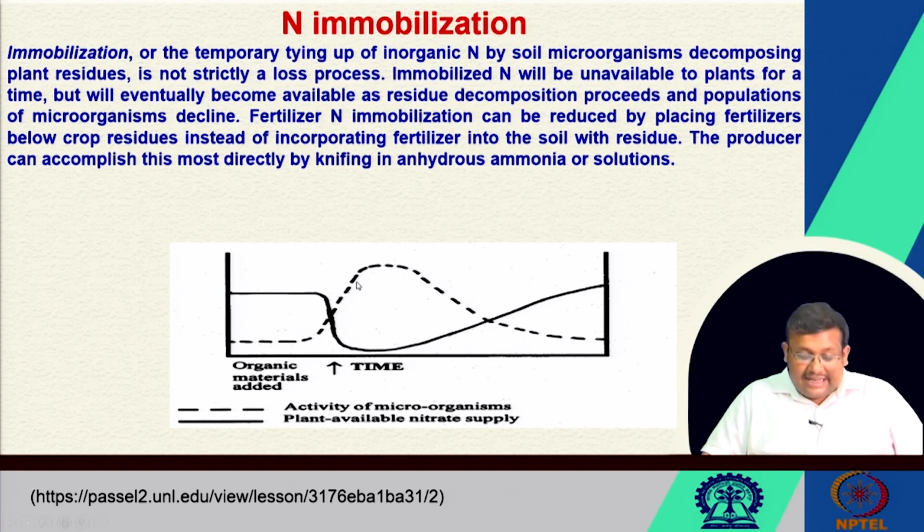So, you will see that there is a boom of microbial population here, but at the same time plant available nitrate supply will decline, because when there is a population increase of microorganisms, they will utilize this plant available nitrogen to immobilize, and ultimately you will see there is a sudden decrease of plant available nitrogen supply.